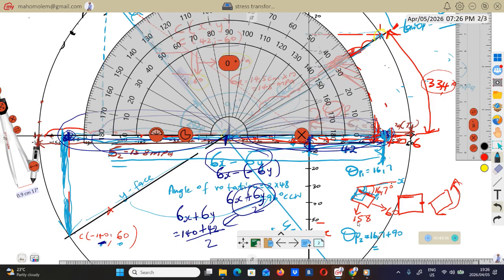Sorry. Yeah, you have to take that angle direction into account. So since it's clockwise from here to there, clockwise, you must put negative there. You will get 73.3 degrees.